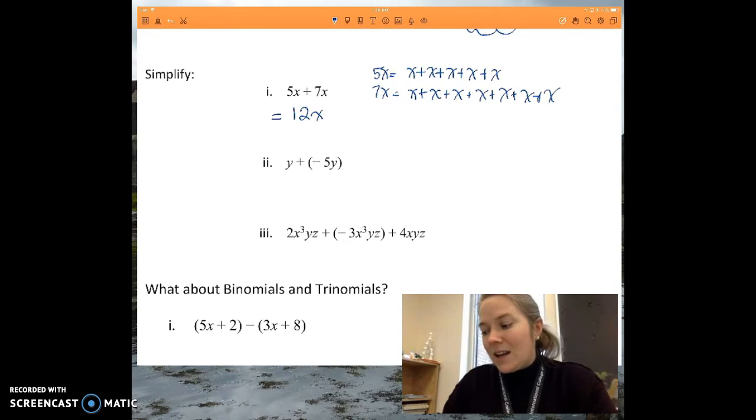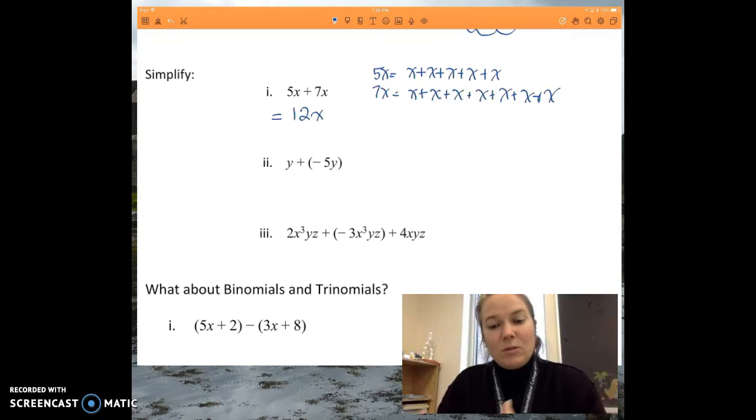That's why we have to have like terms. We can't add x squareds to these x's. They're not the same thing. If I gave you 3 apples and said, add these apples together, how many apples would you have? You'd say 3 apples. If I then gave you 2 more apples, and said, how many apples do you have now? You'd say 5 apples. But if I gave you 2 oranges, you'd have to say 3 apples, 2 oranges.